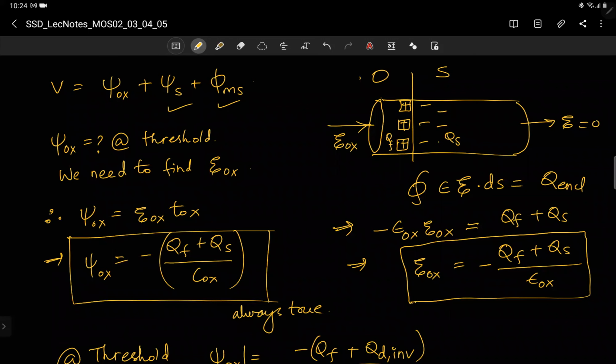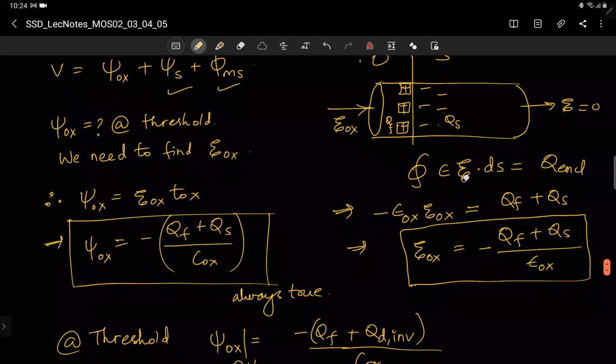Here E is 0. So, Gauss's law, the surface integral. It is only a one-dimensional picture, so we should not take a curved surface. The electric field is not varying in the vertical direction, so only the left-hand term will be there.